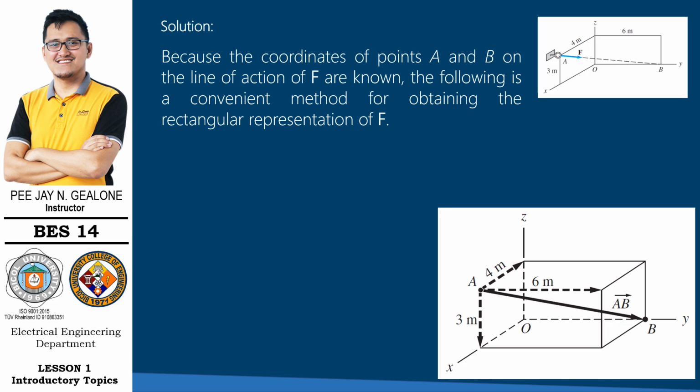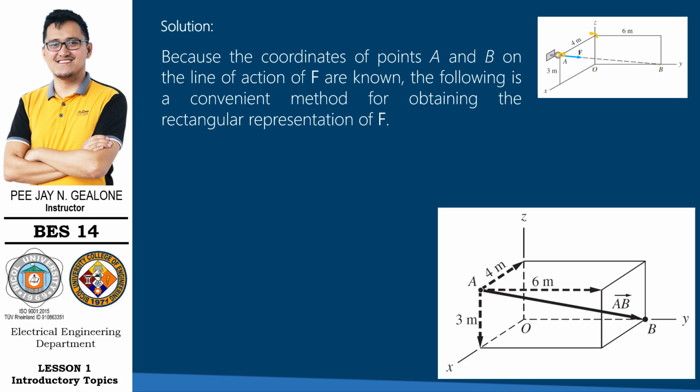Papunta siya dito from point A, papunta kay point B. However, since may dimensions tayo dito, wherein from point na to, papunta sa x-axis 3, mula sa point na to, papunta sa z-axis is 4, and then mula naman sa point B, papunta sa z-axis, we have 6. Pwede natin siyang i-represent gamit itong particular figure na to.